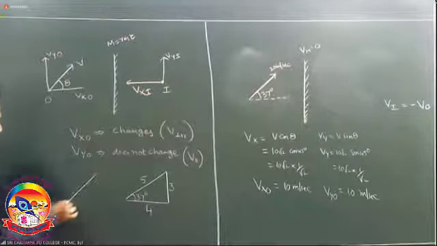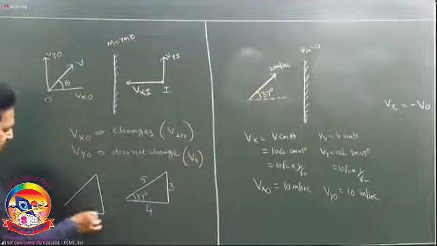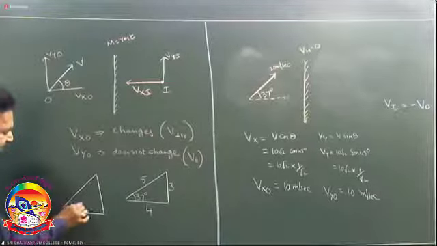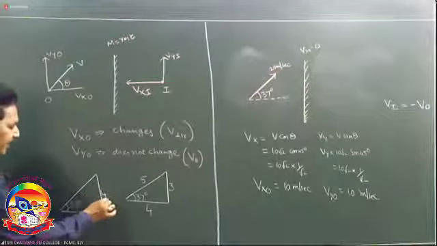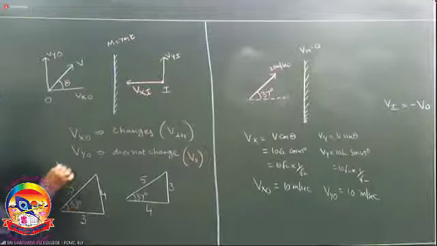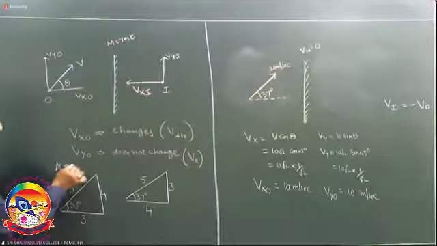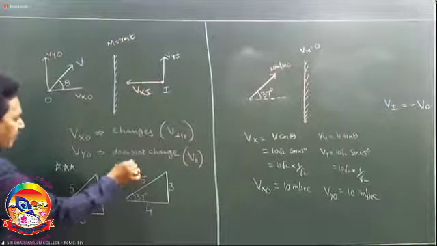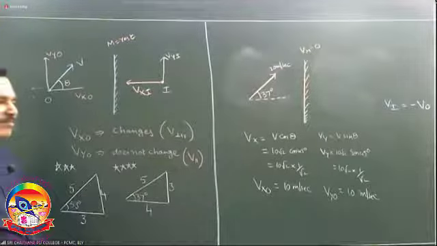The other one is 53 degrees, for slightly difficult problems. My advice, remember these two triangles for competitive examinations.